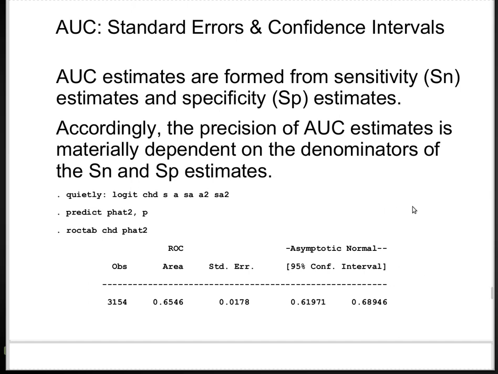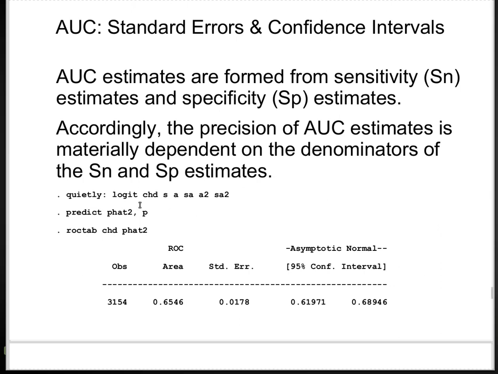Okay. So in fact, we can compute, in our case for this particular study, an estimate of the AUC of 0.6546, and here we get a confidence interval for the AUC, viewed as a population characteristic then.